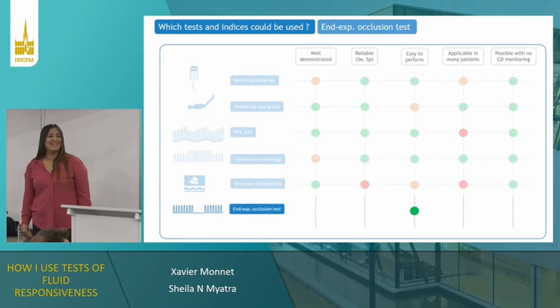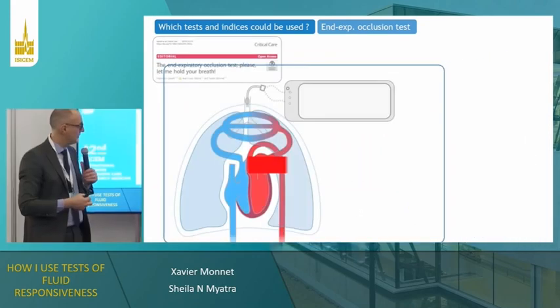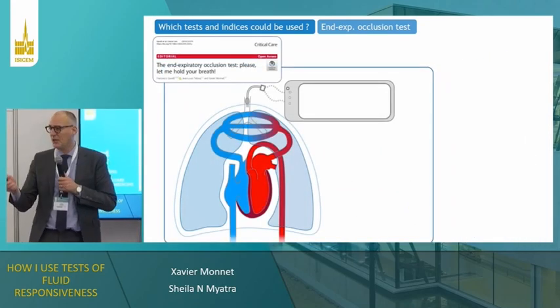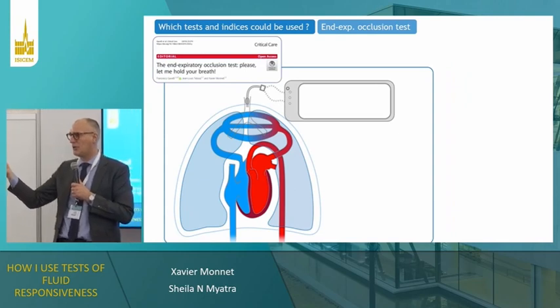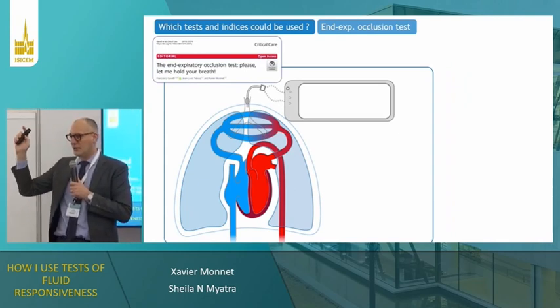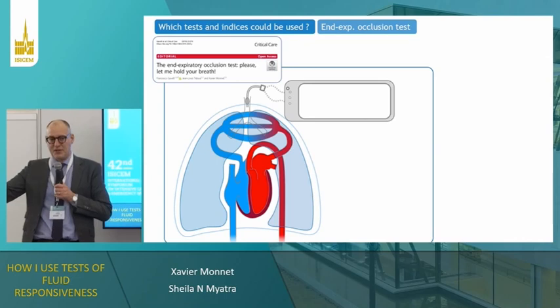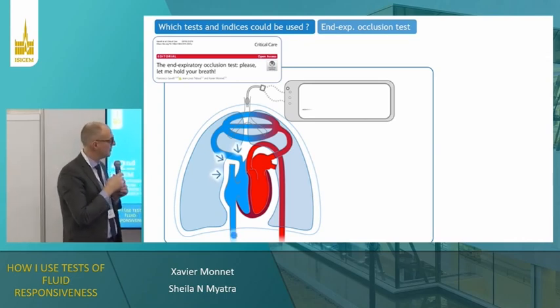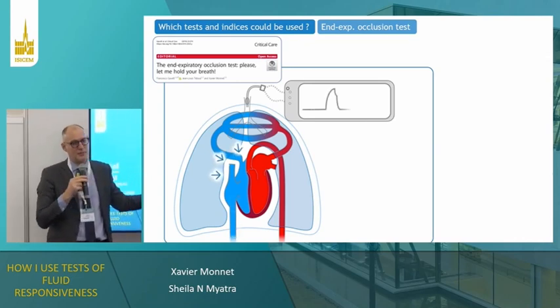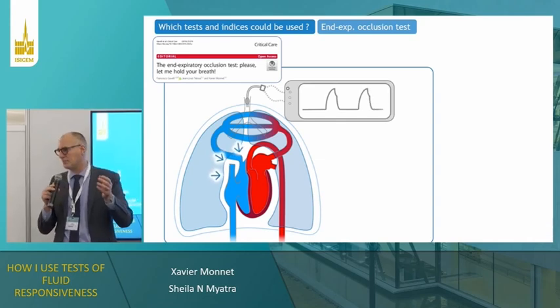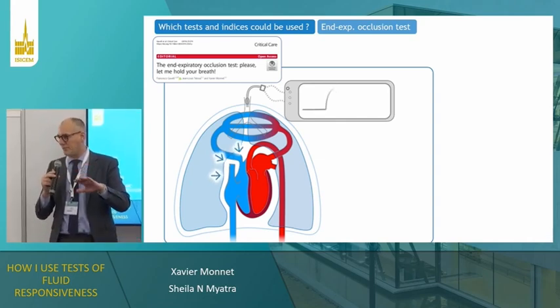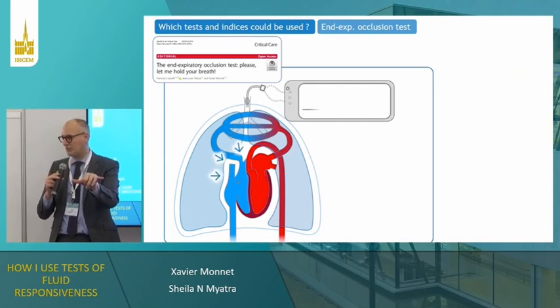Another test that is very easy to perform, and the last one, is the end expiratory occlusion test. Have you heard about this test? How many of you use that? The patient is ventilated, so at each breath it decreases preload. I stop ventilation for a few seconds at end expiration, 15 seconds.